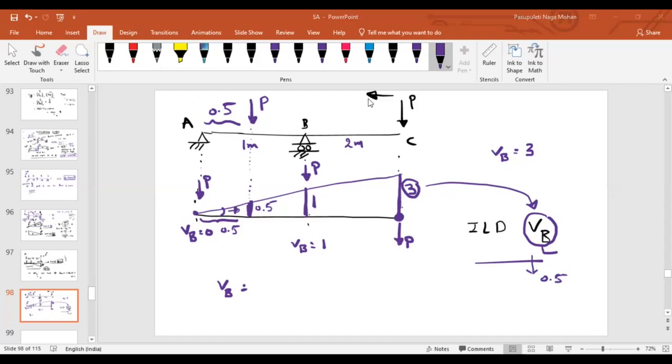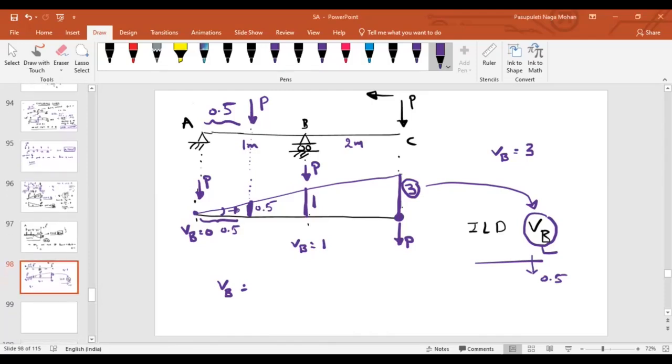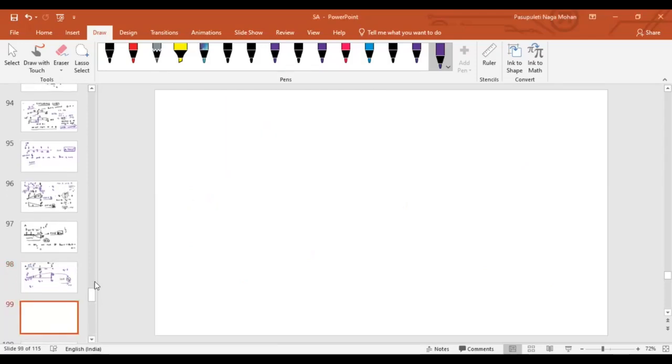Yes, sir. Clear, sir. Okay, then let's start the examples instead of wasting time. Let us see. You can explain with UDL load one. Let us say the Muller-Breslau principle. Instead of going for the equation, let me talk about determinate structures.